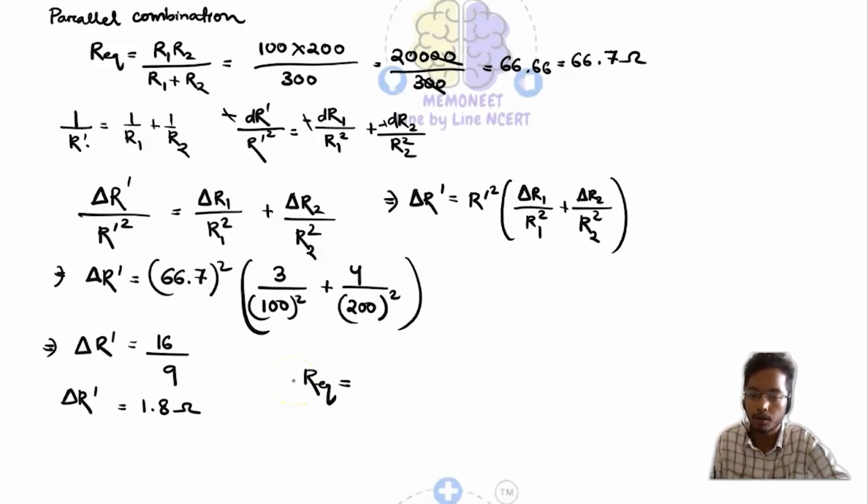That is, R equivalent is equal to 66.7 plus or minus 1.8 ohm. So this is our final answer.